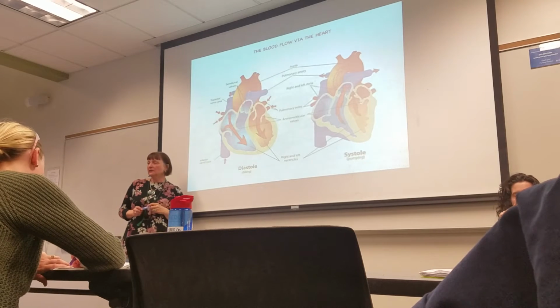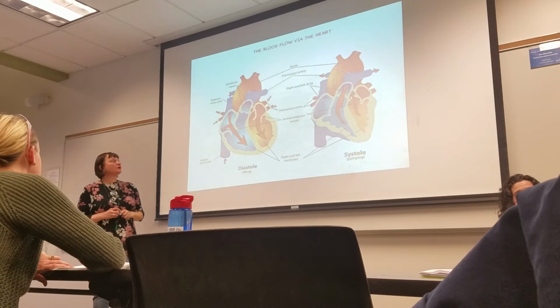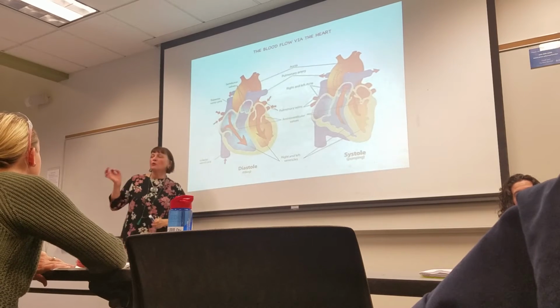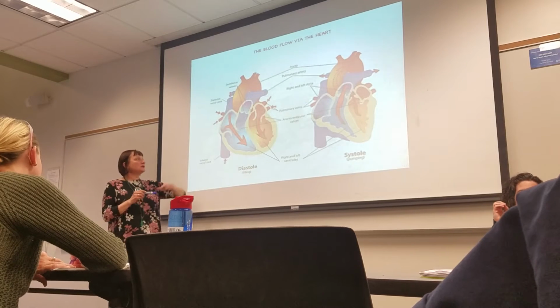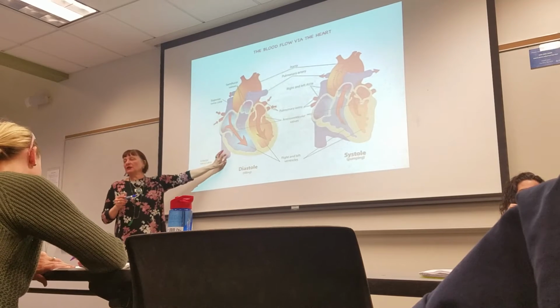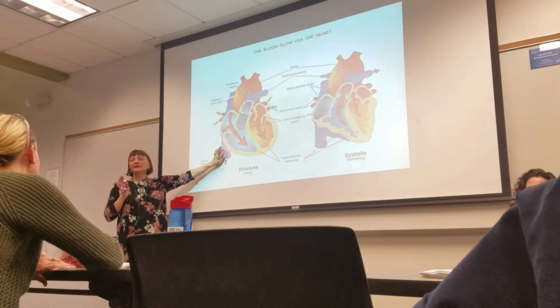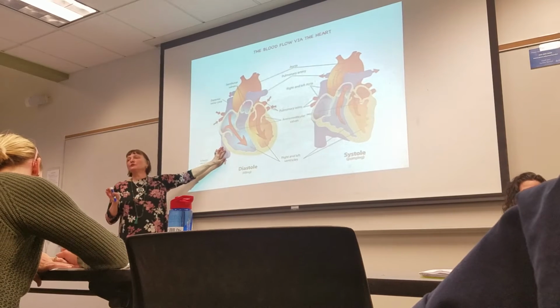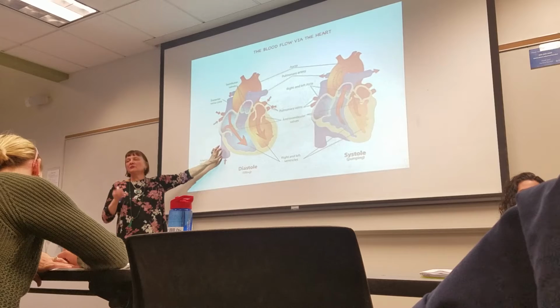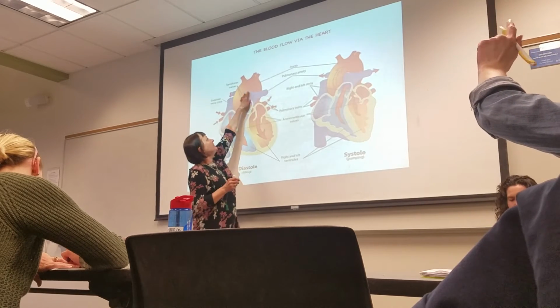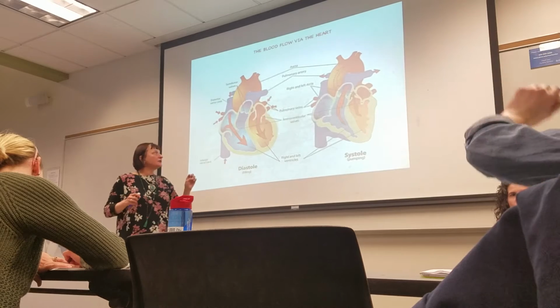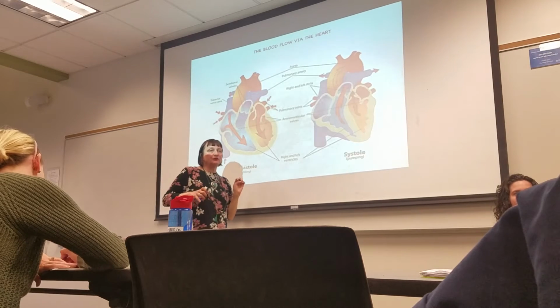And blood, venous blood, comes to the right atrium with no pump, no valves. It's simply because the blood pressure in the veins is very, very low. It's not 0, it may be 3-5 millimeters of mercury. Compare that to what you have in the aorta, 120 over 80.